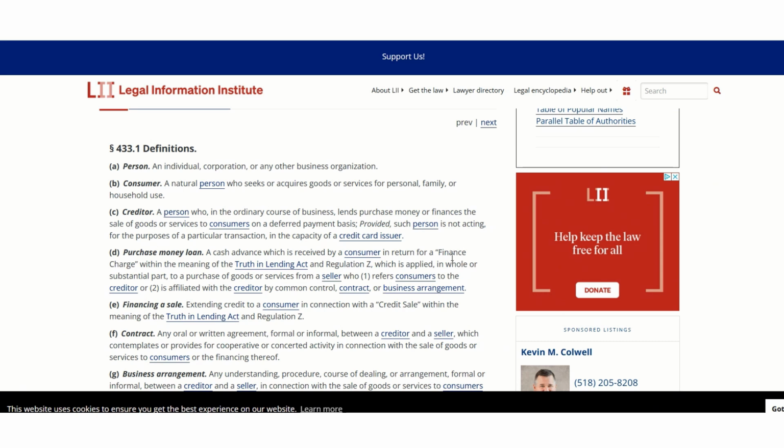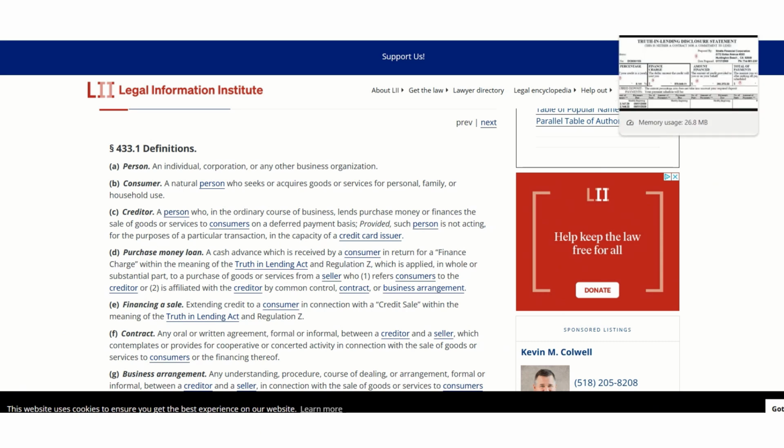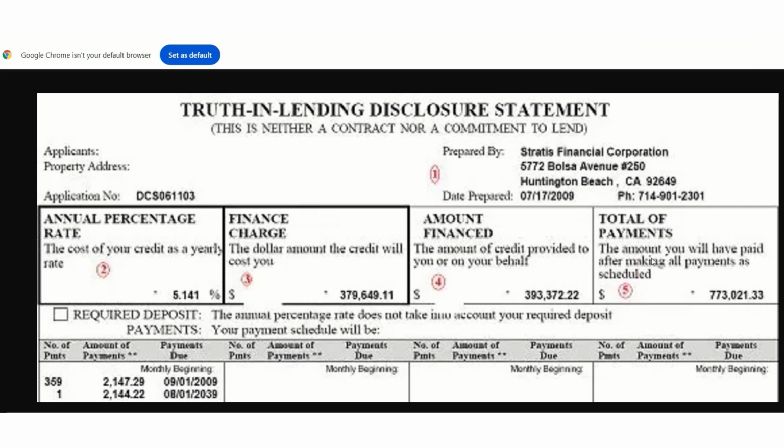Because we owe the finance charge. The finance charge is this. Bang, boom. The cash advance is what's being put in the account, right? Which belongs to you, which is supposed to pay for the total payments, which is the finance charge. All right? That's what's happening. The cash advance is the account that is yours. That's the cash advance. All right?